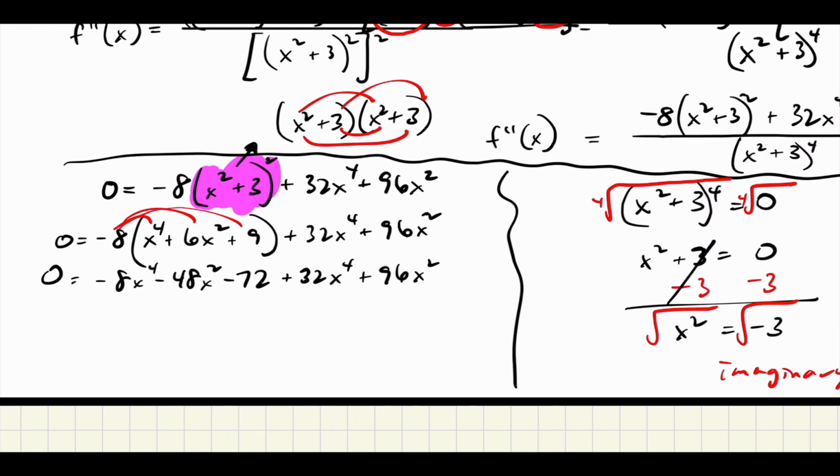Okay, combine any like terms that you can. If I combine the x to the 4ths, I'm going to get 24x to the 4th.